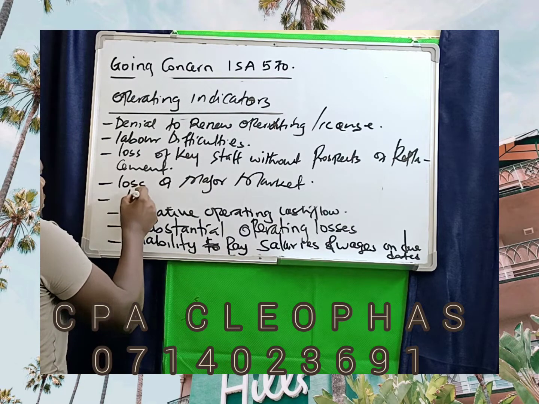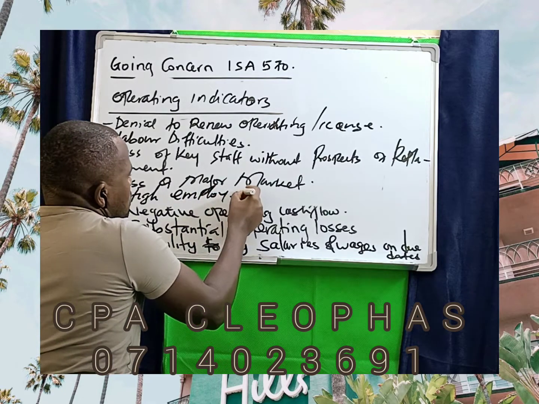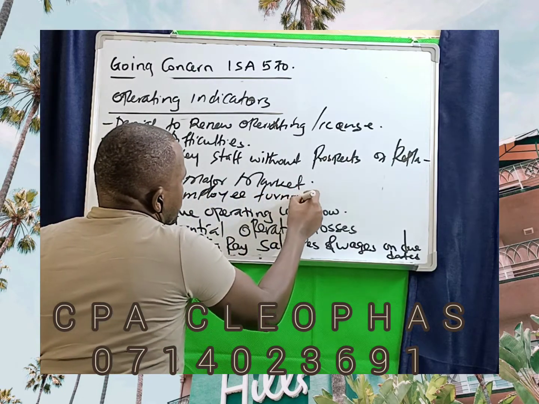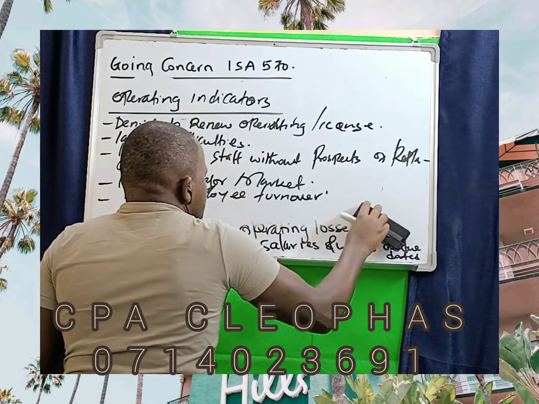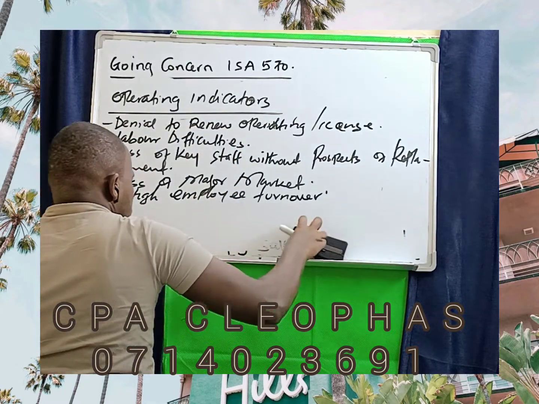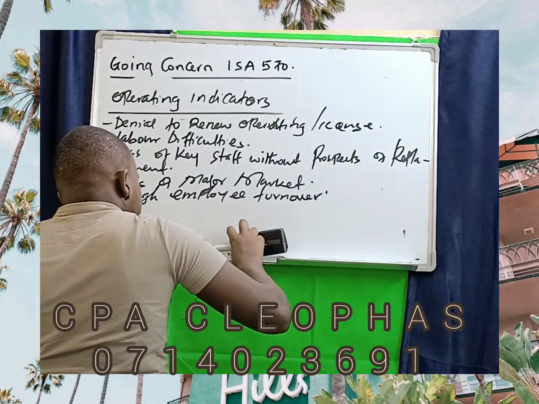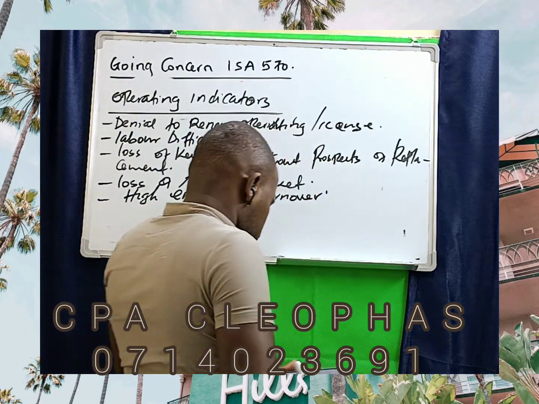Can also have high employee turnover, where employees are leaving the company at very high rates. It's an indication that the company may not be in operation for a long period of time.